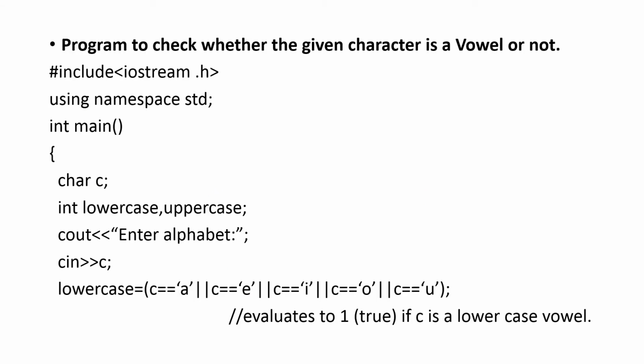Now next is program to check whether the given character is vowel or not. We know that vowels are A, E, I, O and U. These are the vowels. Either they are capital letters or they are small letters.